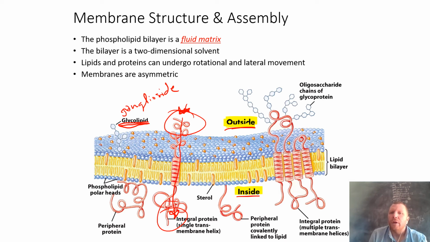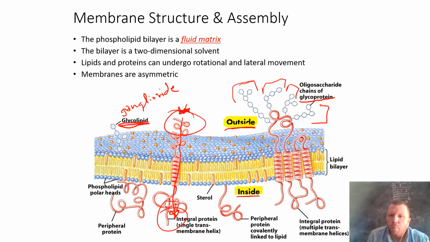Now let's go back outside the cell. We've got an oligosaccharide chain on a glycoprotein. So this is a membrane protein with an oligosaccharide. In fact, this actually has 4 different oligosaccharide chains. This is an example of a glycoprotein. Glycoproteins serve as great mediums to communicate with other cells.